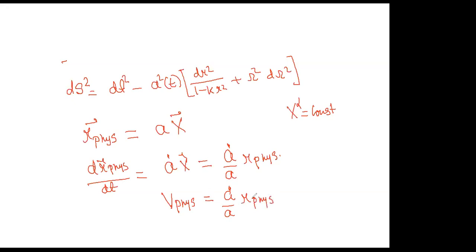So that velocity is proportional to their distance. Now this quantity a dot by a is called h, a function of time, and we call it the Hubble parameter.